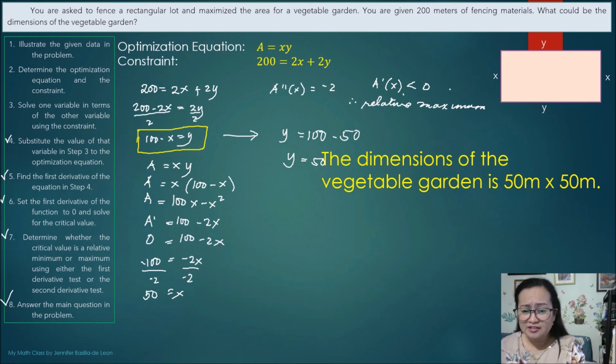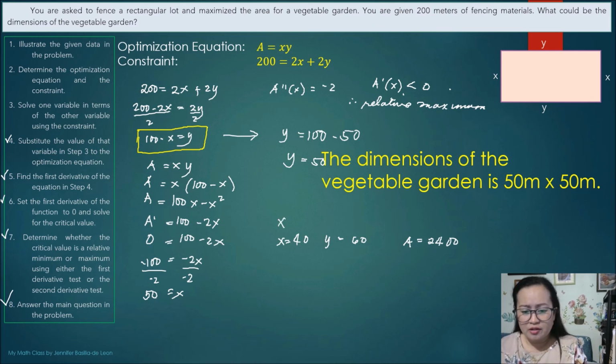To check on that, you can have a pair of numbers which when added will give you 100. So like 50 plus 50, that's 100. So 50 times 50 is 2,500. Now if you get another pair, let's say x equals 40, then y will be 60. The area of the given rectangle when x is 40 and y equals 60 would be 2,400.